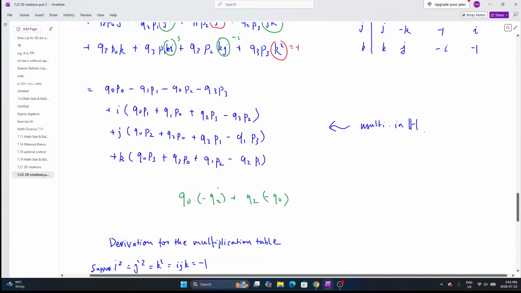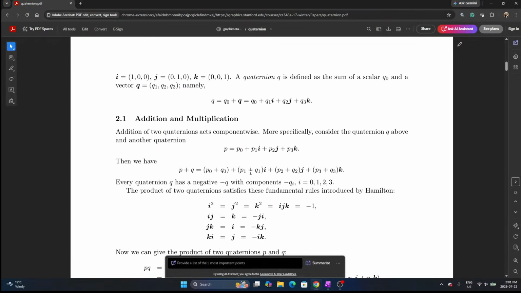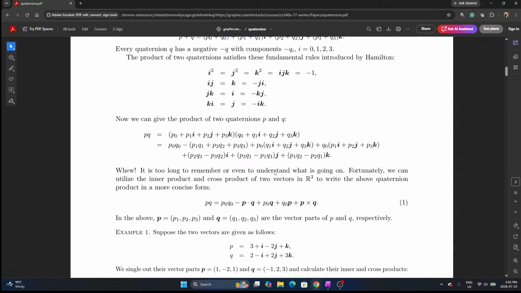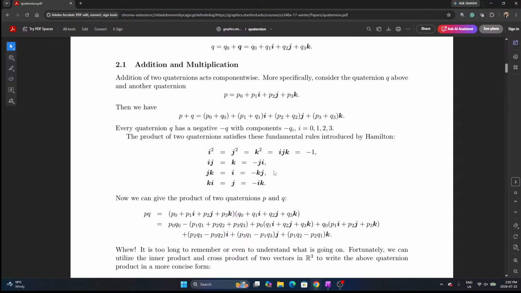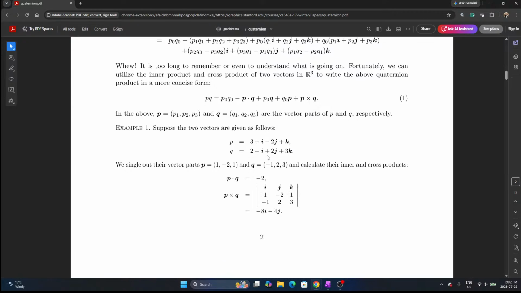Yeah, I get you, Lockheed. I'm just trying to see, did I make a mistake in the algebra formula? You know what? Let me take a look at the paper.